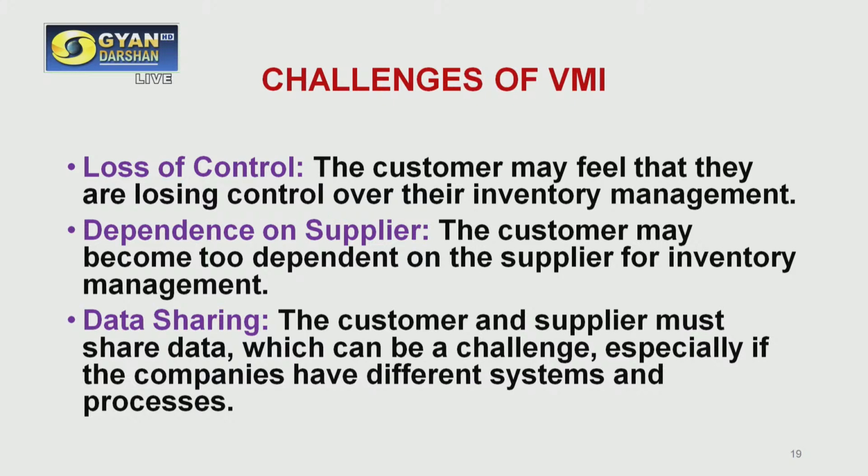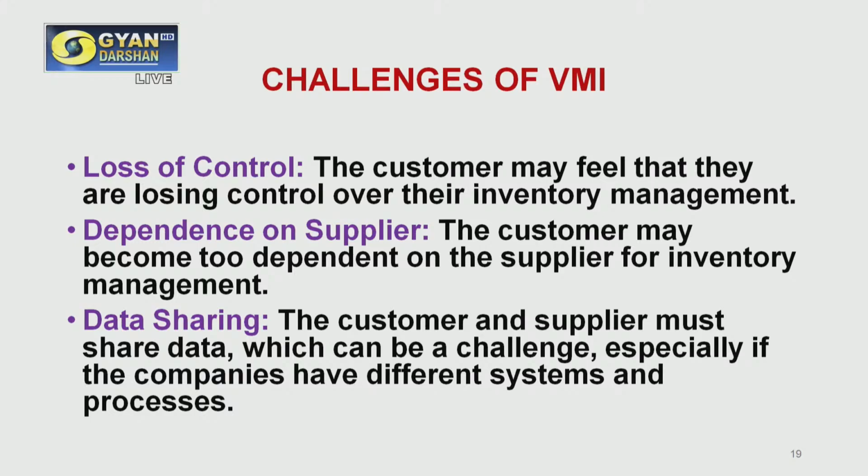Another thing is that the retailer is fully dependent on the supply by the vendor or the supplier. In case of any uncertainty, if there is a delay, there will be a chance of stock out conditions at the retailer end. Another important thing is data sharing. Both partners should share the data with trust to each other.